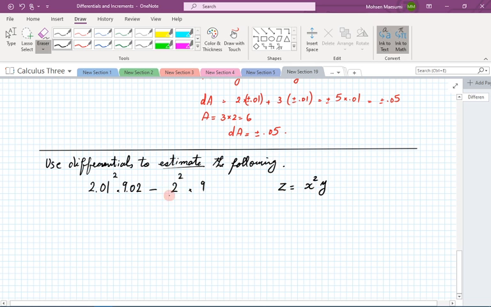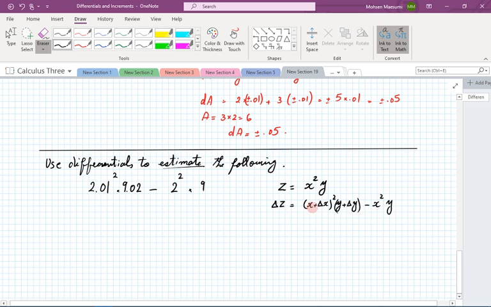From the subtraction you're supposed to do, you focus on one of these things and convert it to a formula in several variables. Then what you want to calculate here is the increment in z. We said this is x plus delta x squared times y plus delta y, the new value, minus the original value.